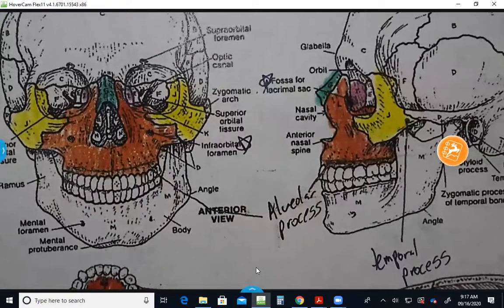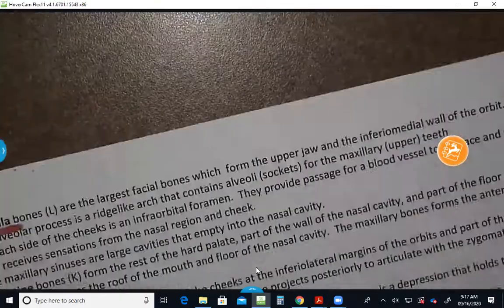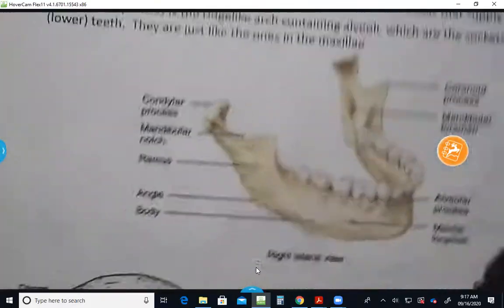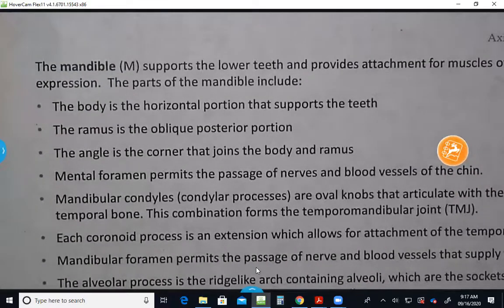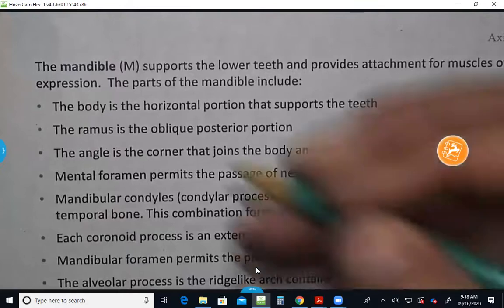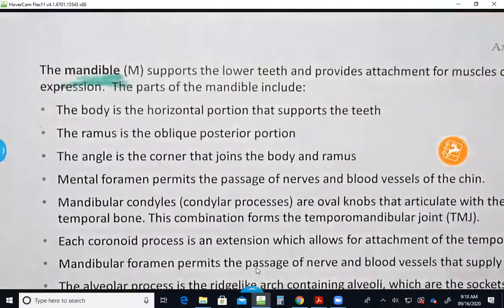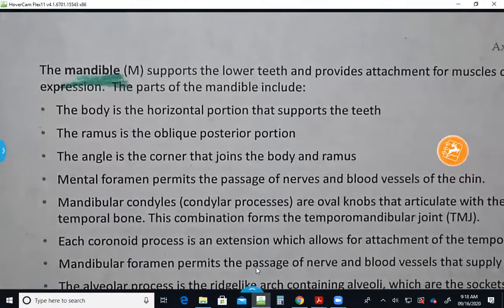Okay, any questions on these bones? All right, last bone of your face is our mandible. Very big, strong, only movable bone in our skull. It's very complicated.